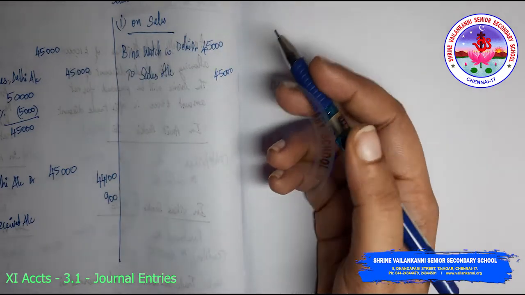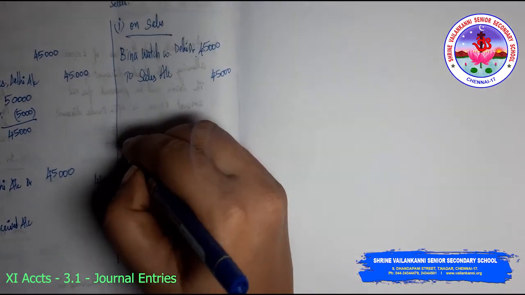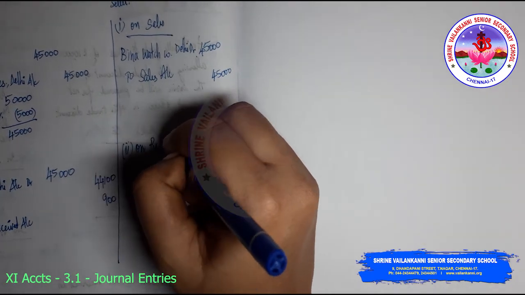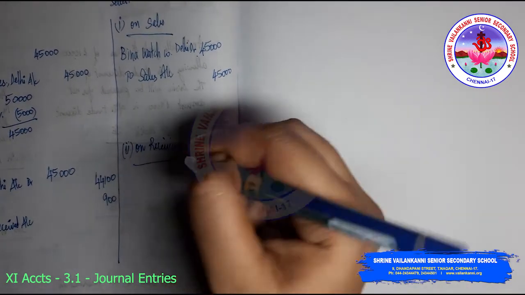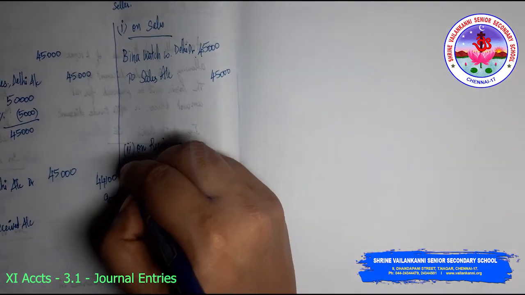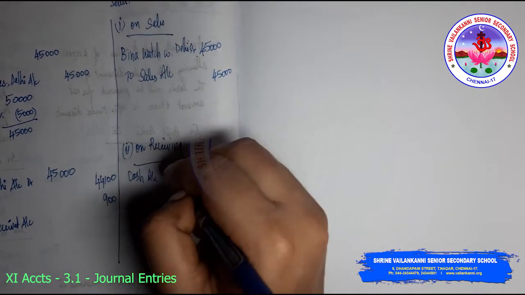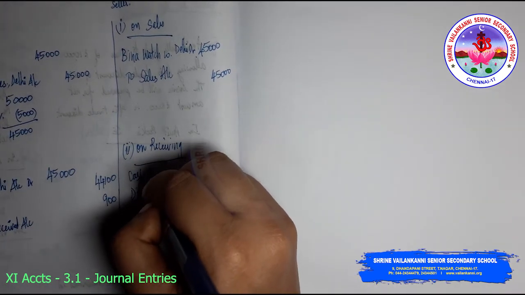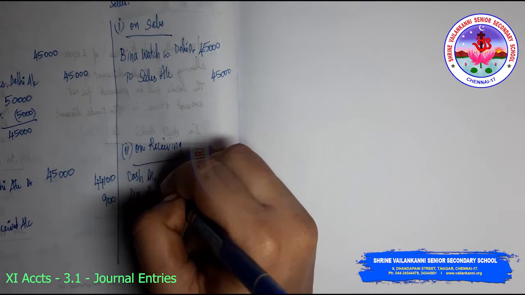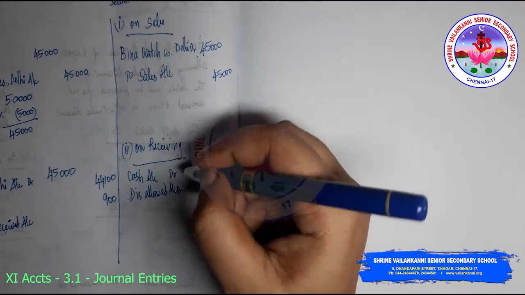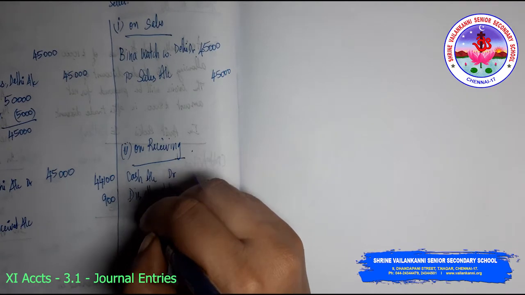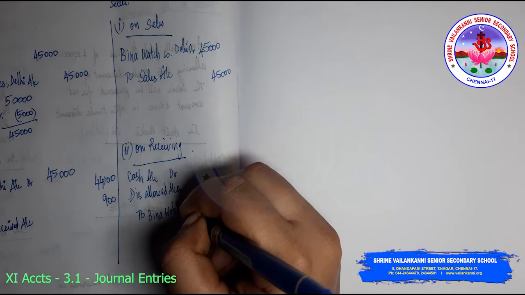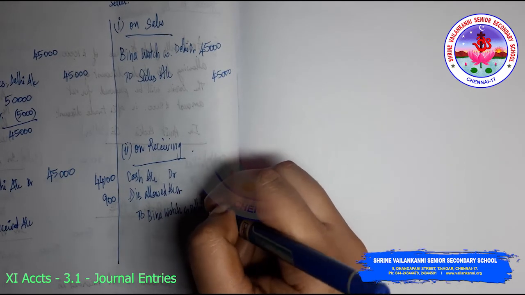Okay, on sales. But on receiving, how much they actually have received after the discount, you need to write it like this. Cash comes in, cash account debit, discount allowed, because we are selling, we have allowed discount 2%, to Beena Watch Company, Delhi.